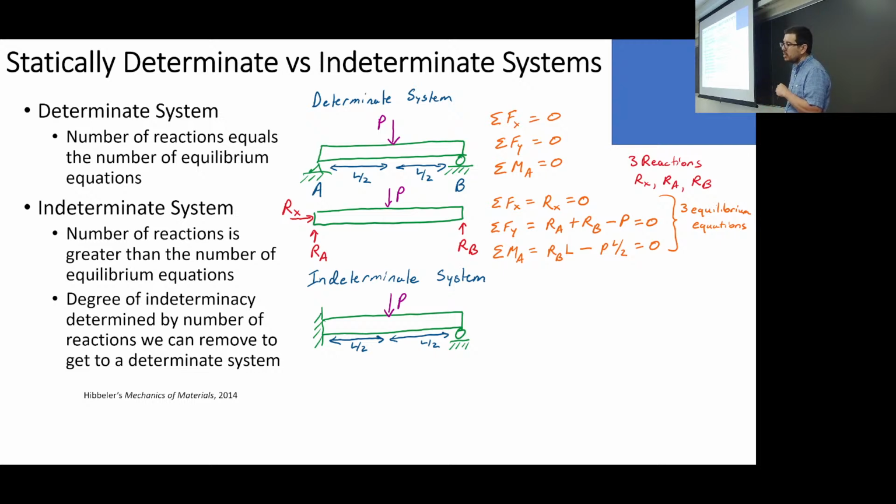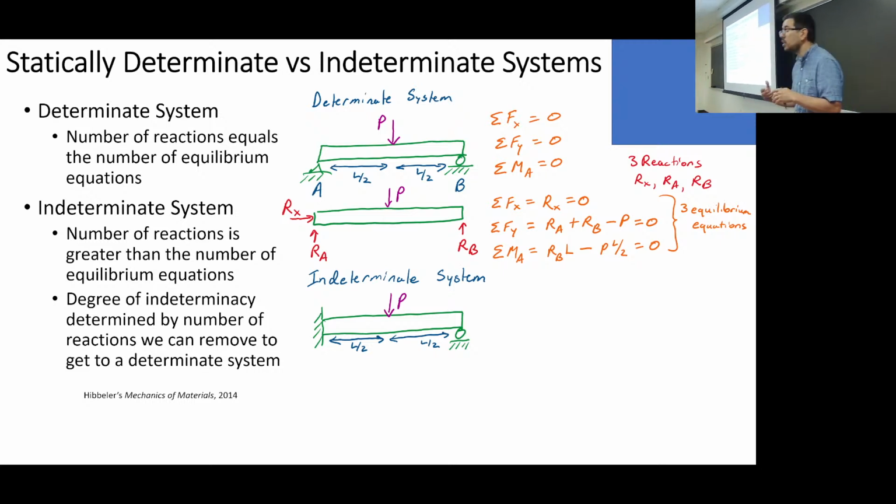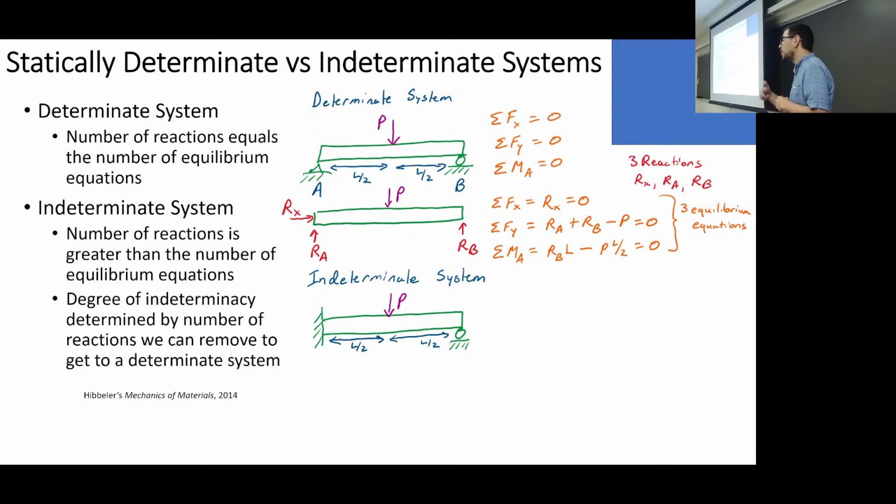And we can figure out the relationships between the reaction moment and the reaction force on the left side with that P. So it's not the same system, it's been changed, but this has degree of indeterminacy of 1 because I only need to take away one constraint. So the number of constraints that you take away that then make your system determinate is the degree of indeterminacy.